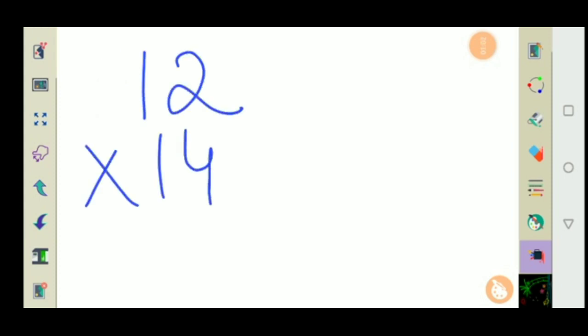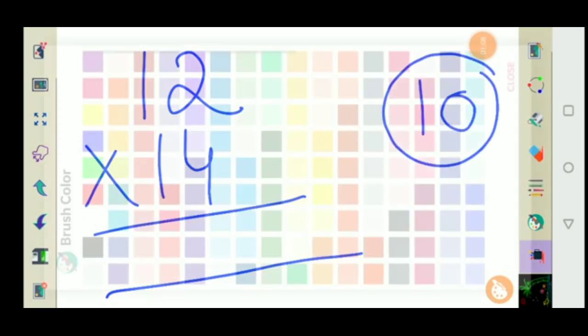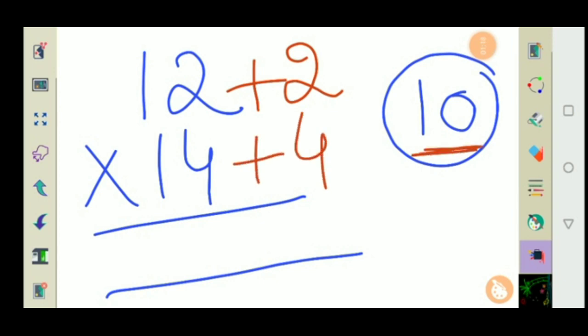Above the base means like I am here multiplying 12 with 14. Now what is the base here? This base is 10, right? Now 12 is 2 more than the base 10. 14 is 4 more than the base 10. In this case, we are not taking the complements.